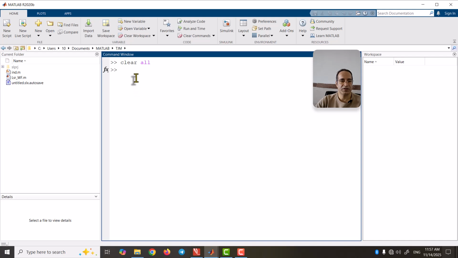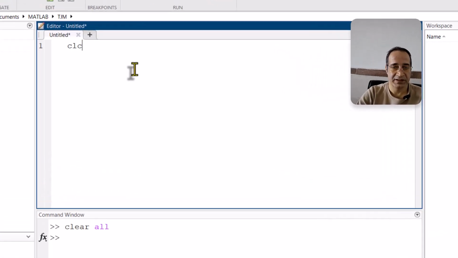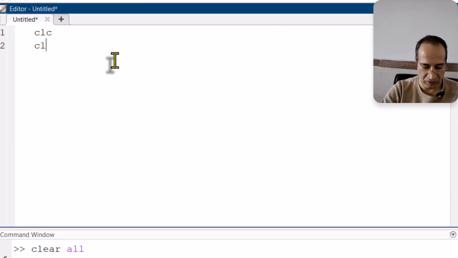It's much better to open a file and write all the equations in a new script. I use CLC for clear screen and clear all to clear all of the variables in the workspace. And then I need R, which I write 1. And for L, I write 1 again.